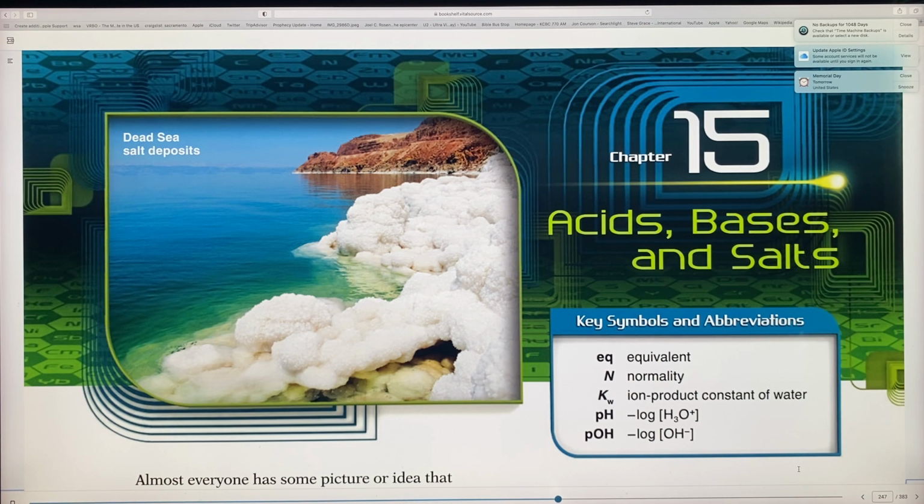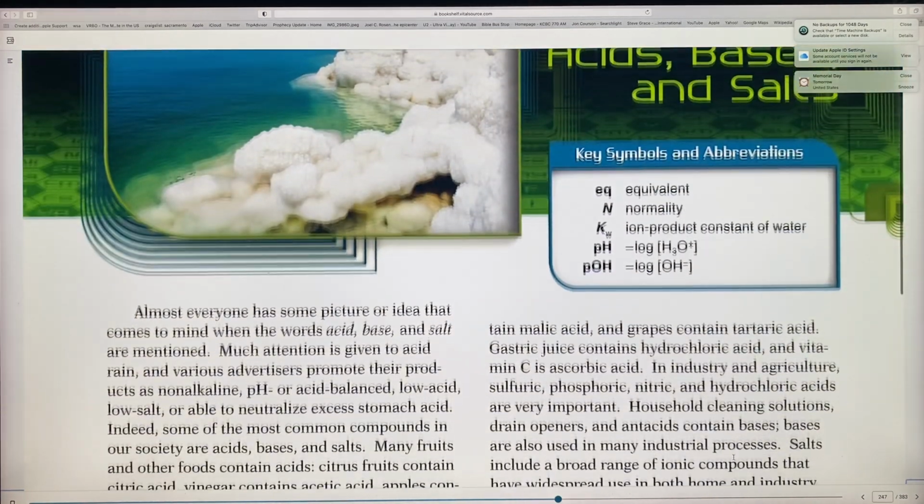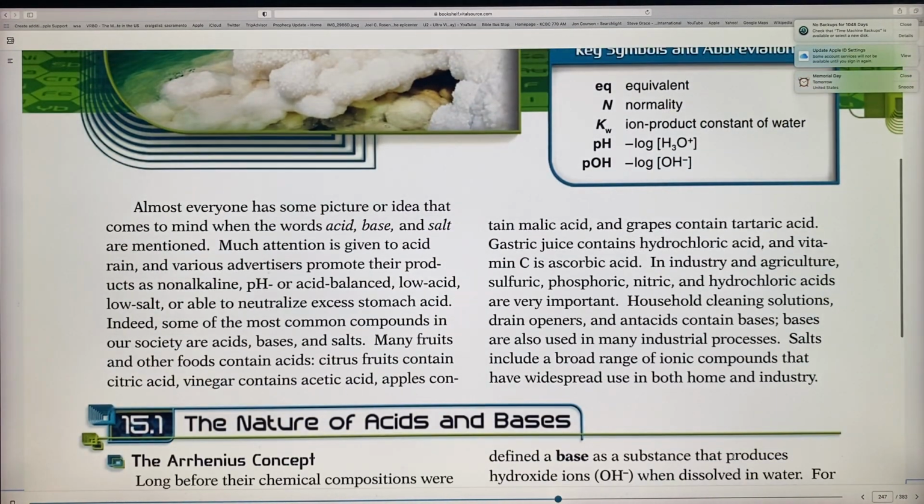Not only that, there's acid and base reactions going on in your body. So we're going to be talking about what equivalent is, what normality is, an ion product constant of water here. We're going to talk about pH and logarithm, pH and pOH, and we'll be talking about this in this chapter. I'll find out some of the things about acids, bases, and salts.